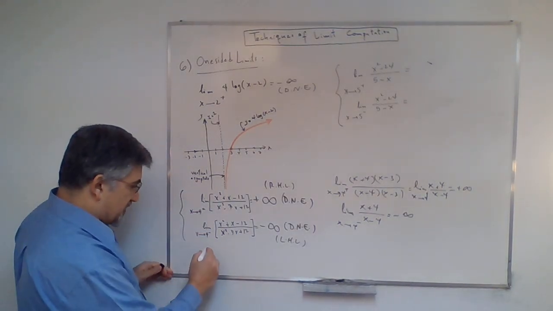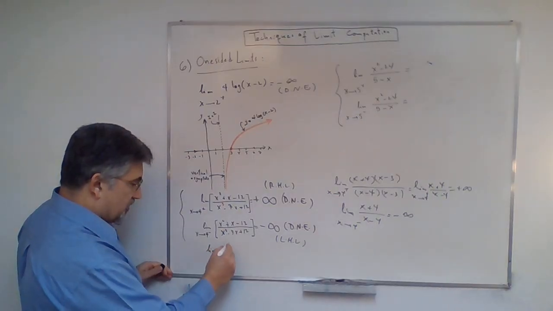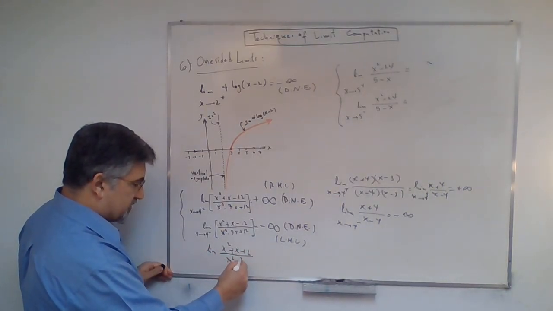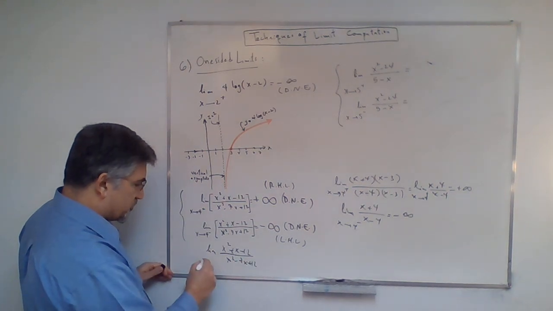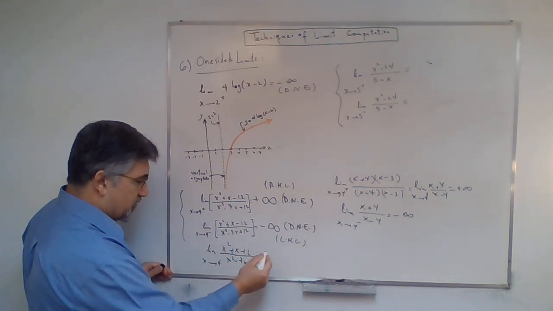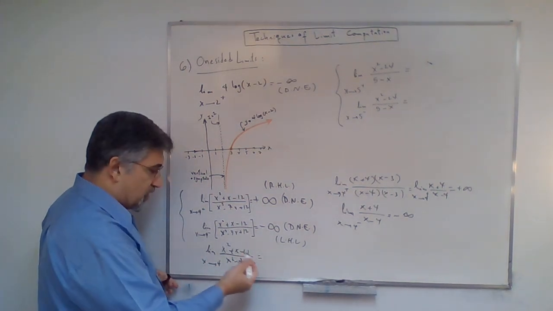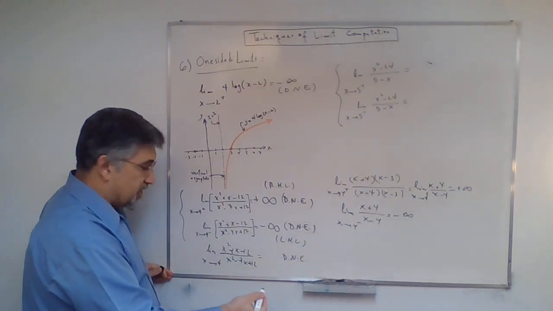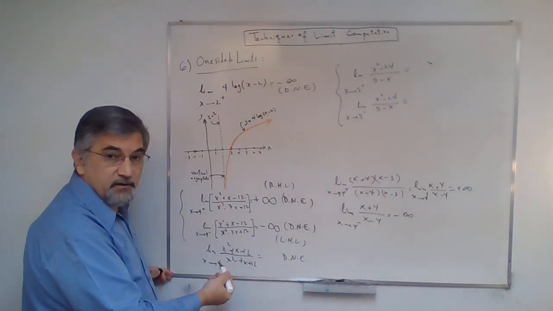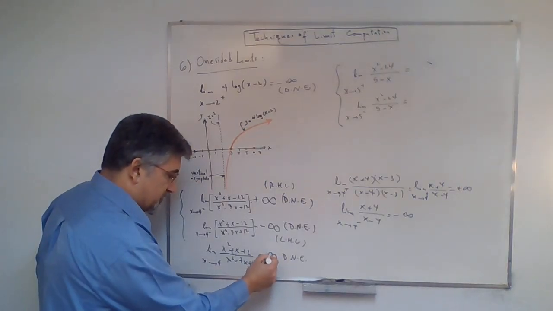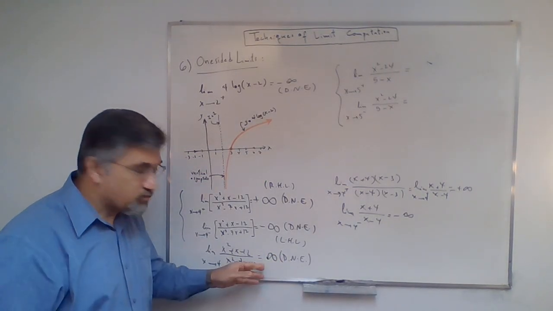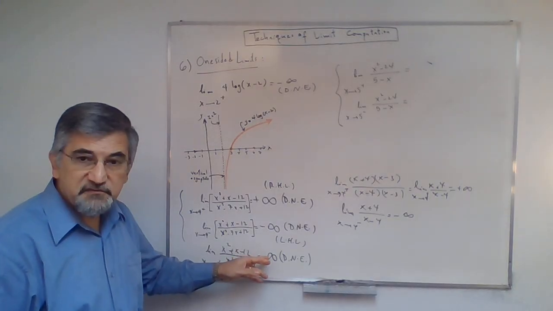So if somebody says in general, what is the limit of this function when x approaches 4, okay, in general, we're going to say, well, this limit does not exist. And the whole rational function approaches infinity. That's what we're going to say. But if they said, okay, be more specific, is it positive infinity or negative infinity?